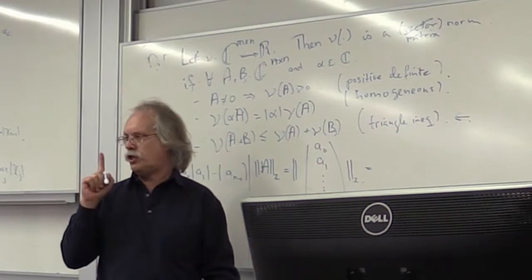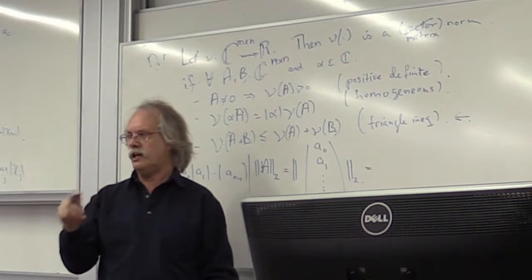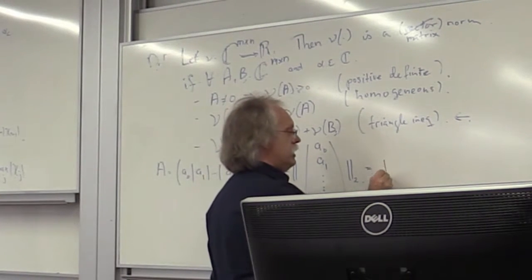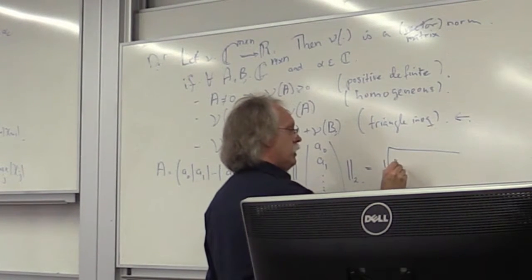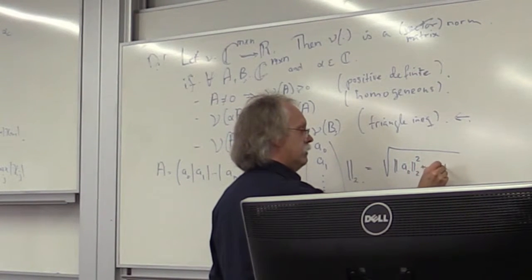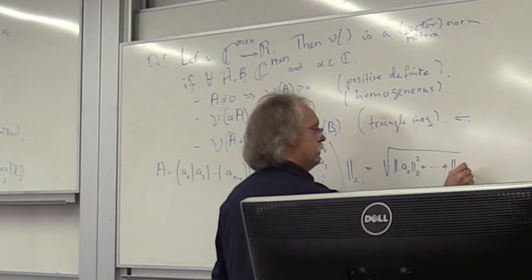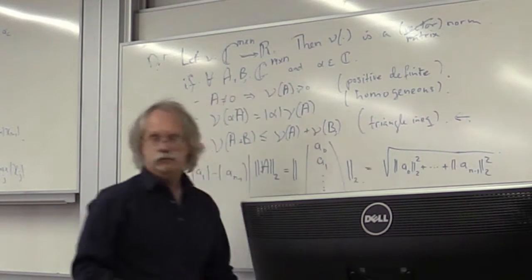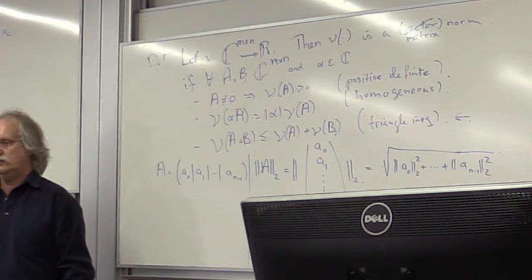I encourage you to think about it a little bit differently because it'll make your homework easier to grade. You can also show that this is the same thing as the square root of the sum of the squares of the 2 norms of the columns, which actually makes it a little easier.